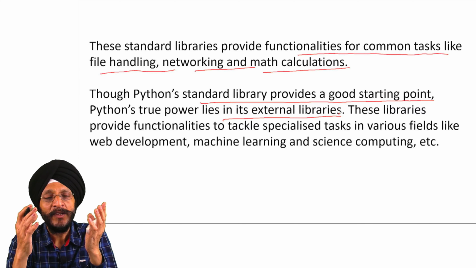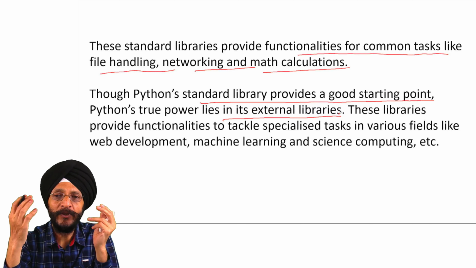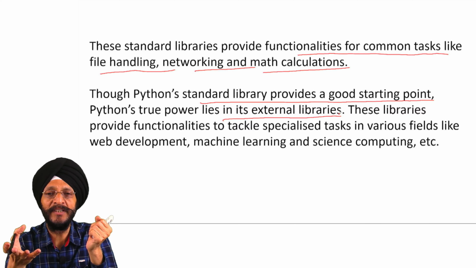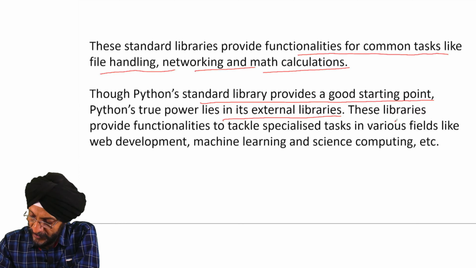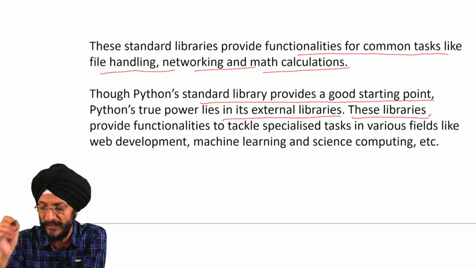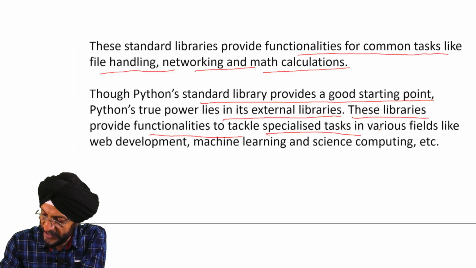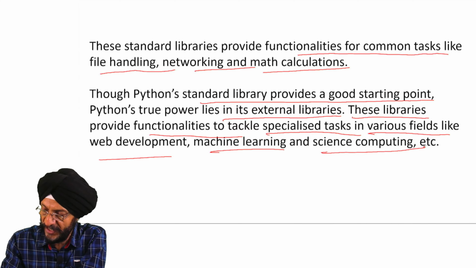In case of complex problems or other areas, if we require help such as web development, machine learning, artificial intelligence and much more, we are talking about the external libraries, not the standard library. The external libraries provide functionalities to tackle specialized tasks in various fields like web development, machine learning, and scientific computing.